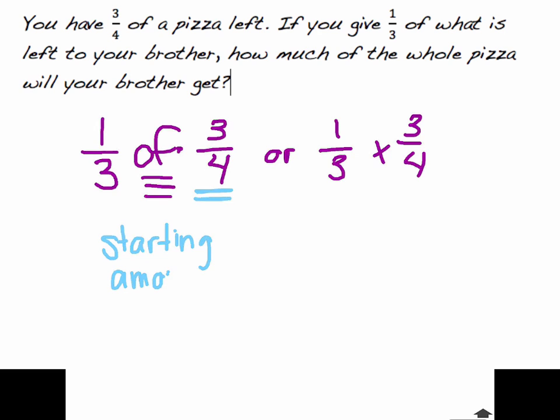Now I want to draw a picture of this amount. Once again, because I'm talking about pizzas, I am going to use a circle. I'm going to take that circle and I'm going to break it up into fourths. I see up here that fourths is my denominator, so that tells me how many pieces my whole should be broken up into.